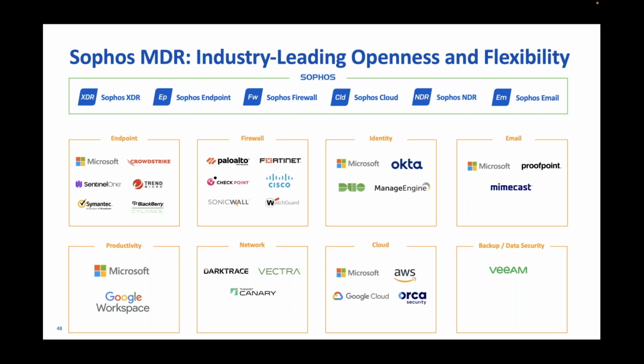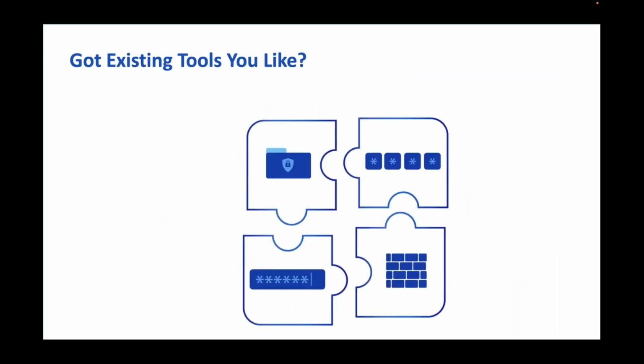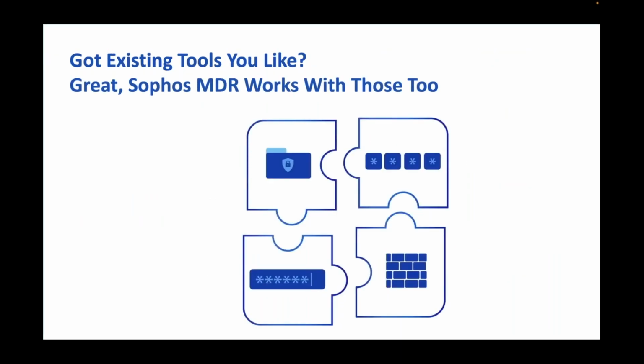You may have products that are outside of the realm of Sophos. And for many of these products, we actually have integrations inbuilt so that we can accept the telemetry not just from Sophos product, but also the estate that you've got. If I was to summarize that, essentially, if you've got a bunch of tools that you like, Sophos in many cases will work alongside those tools as well. So when you're going to seek budget potentially for a service of this nature, the key emphasis here is that we're not interested in necessarily doing a rip and replace.